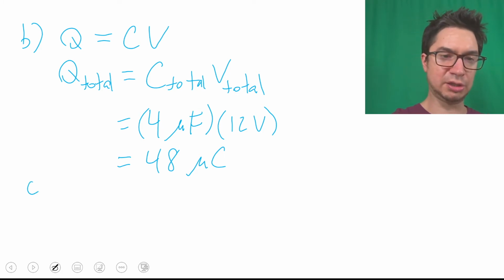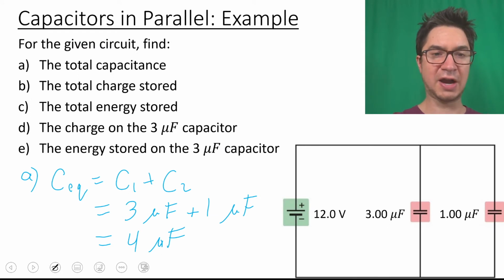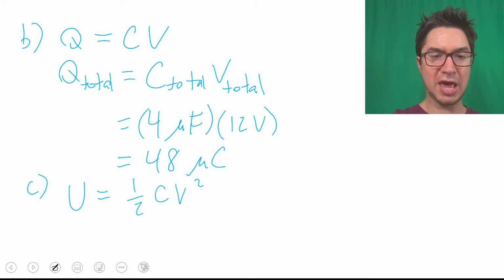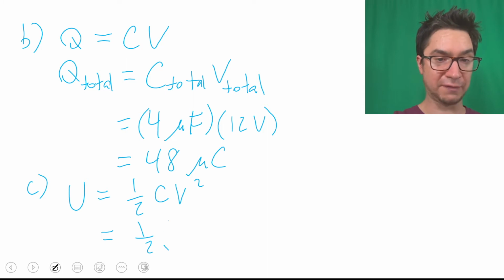All right, let's take a look at part C now. Part C says, find the total energy stored. And this is where we're going to bring in the equation for potential energy, U equals 1/2 CV squared. This is going to be 1/2 the capacitance of the circuit, which as we said before was 4 microfarads.